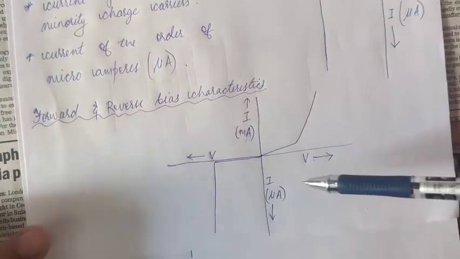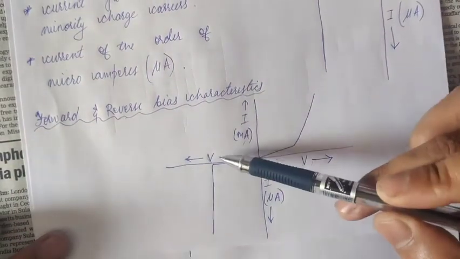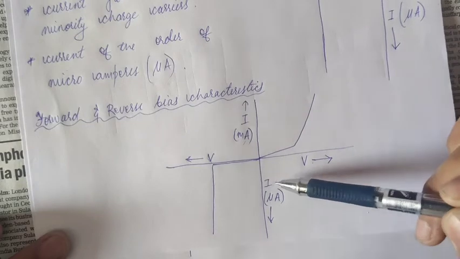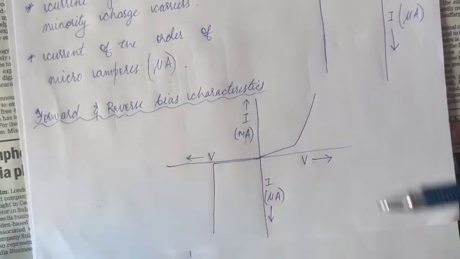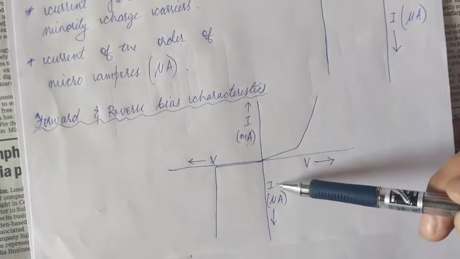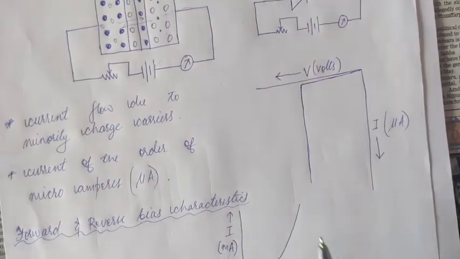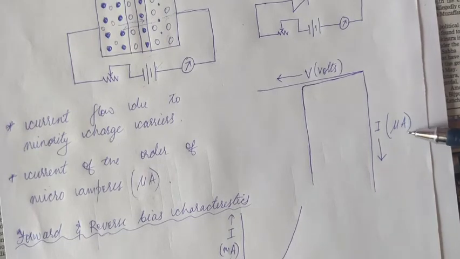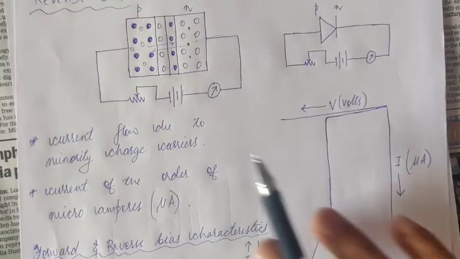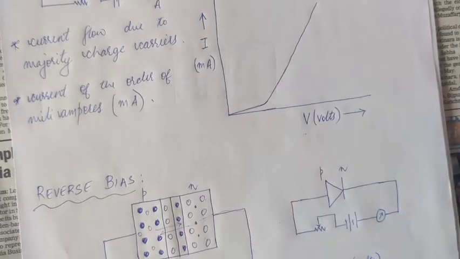Now what we see is again a plot of current versus voltage, but since the current under reverse bias condition is due to the flow of minority charge carriers, it is a very small amount of current, in the order of microamperes. Now microamperes is 1000 times lesser than milliamperes, remember.